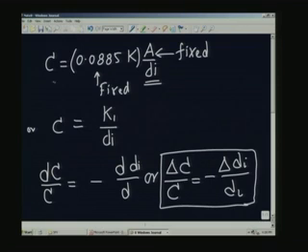If d increases, C will decrease and vice versa, and that means that the relative change in the capacitance is proportional to the relative change in the distance between the two electrodes with a negative sign. And if you remember, this is proportional to the numerator is proportional to delta P.